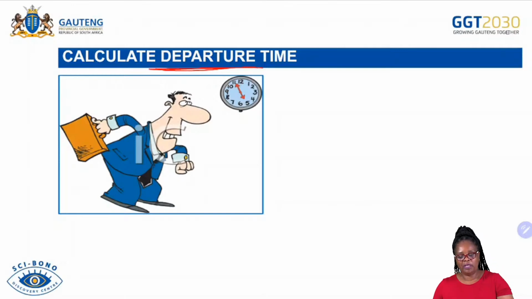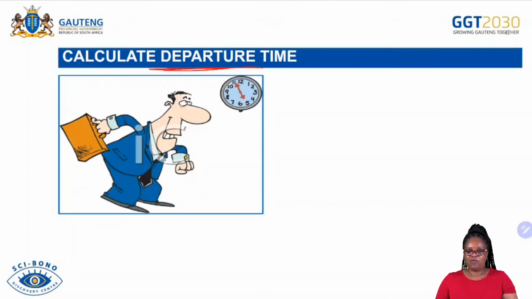For you to get the departure time, you'll be minusing flying time. You need to start from the basic calculation. Then after doing the basic calculation, step by step, the way we have done them, I'm sure you've written the steps down.